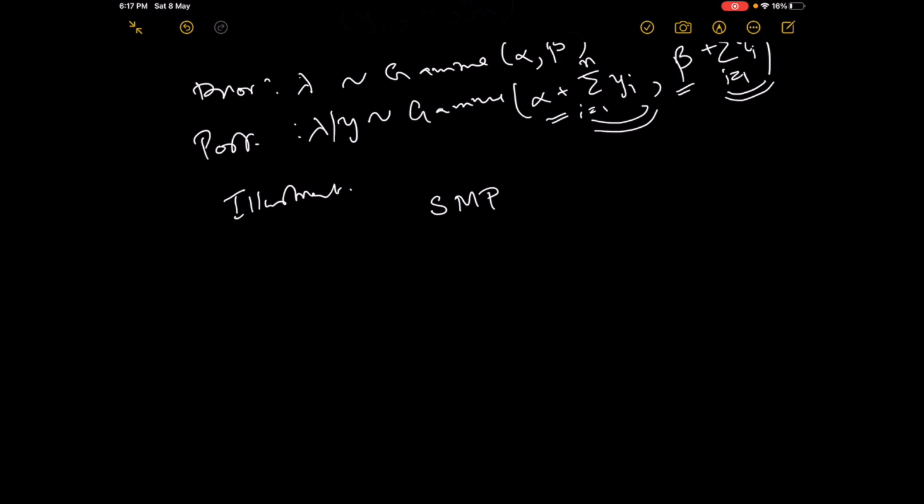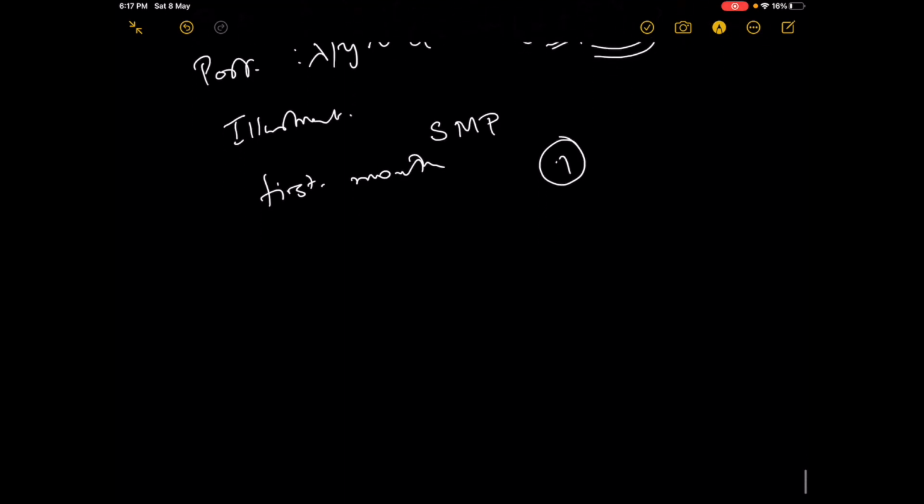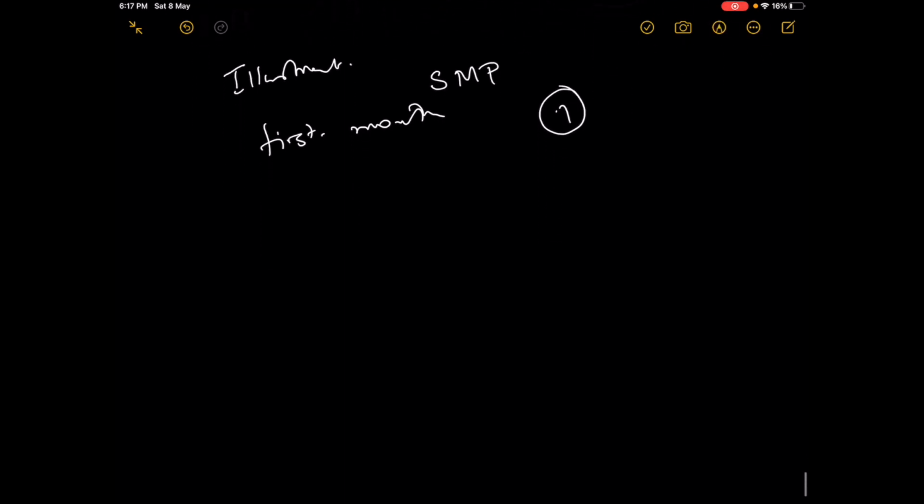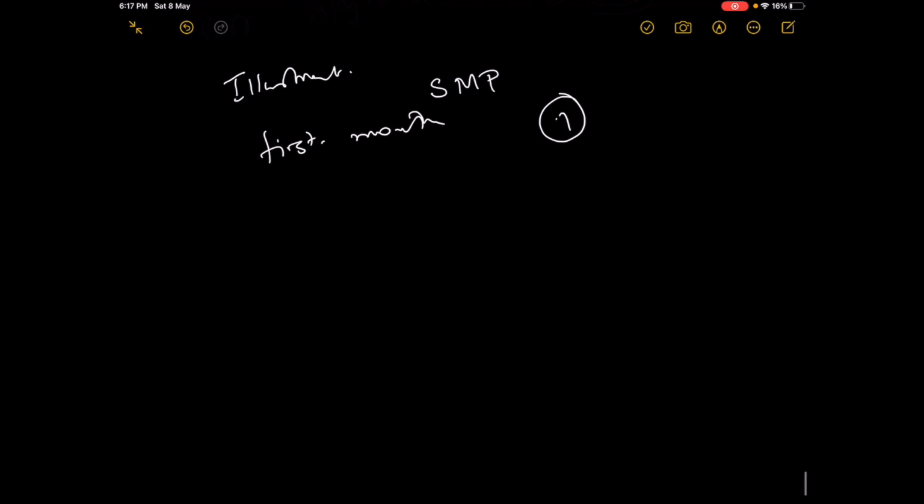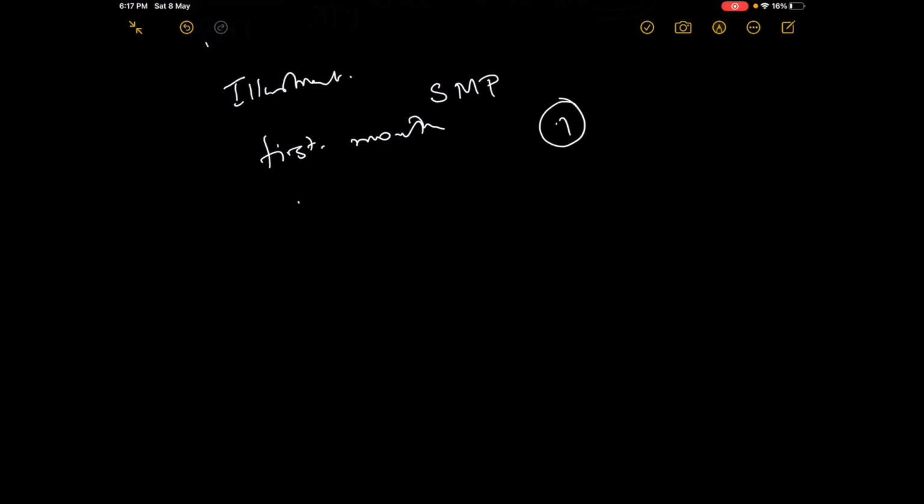So we are modeling the monthly number of failures of SMPs. We consider only the first month of operation. So this month of operation means my sample size is 1. Right? This supercomputer has, say, 47 components, and all these are identical components.